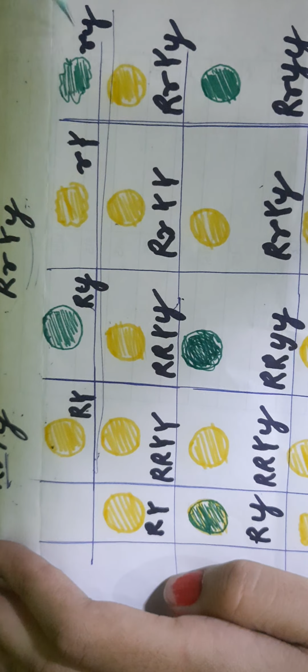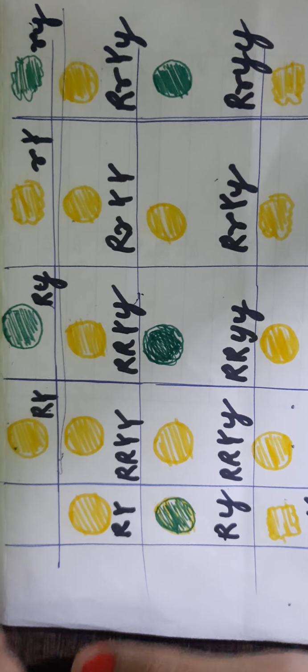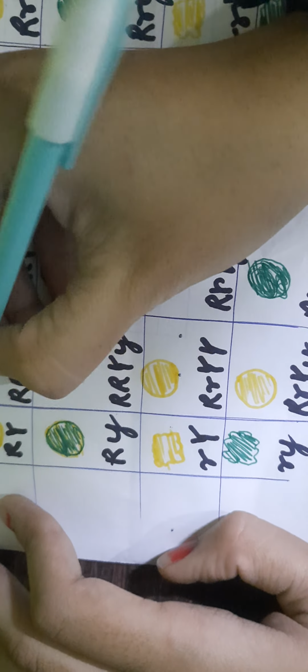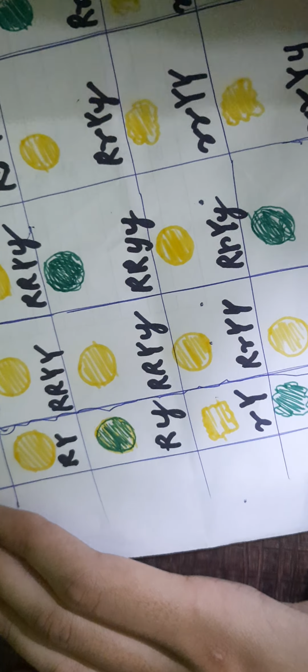Why? Because these are gametes. These are gametes contributed by the parents, and these are also gametes. It is an easy way to identify gametes, because they are haploid.